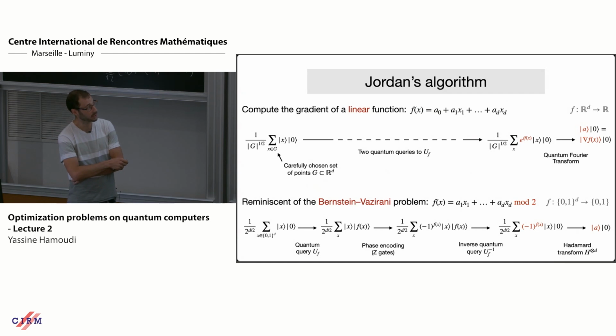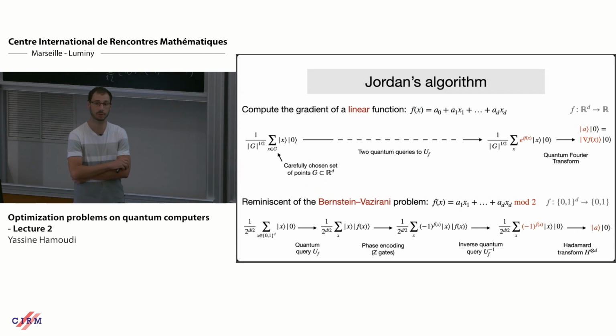Now the main novelty is to apply not the Hadamard, but the QFT, because now we are working over the reals, but it's pretty much the same. And the QFT will give you a state which highly concentrates on the binary encoding, or the real encoding, of the gradient. I'm skipping a lot of details.